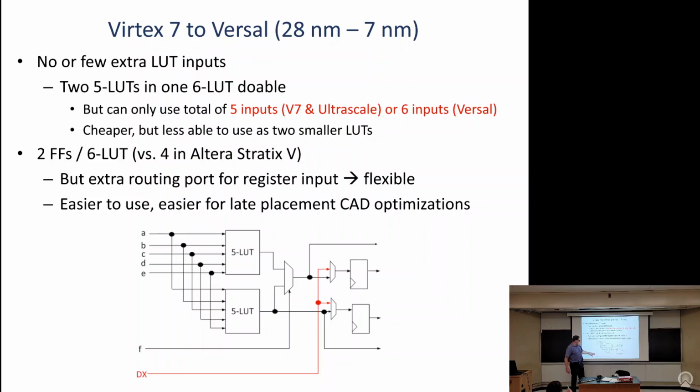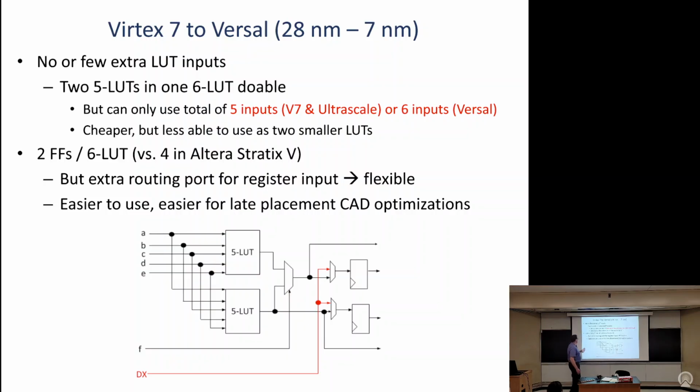And if you use it in 2 5-LUT modes, you have to ground the 6th input. And now basically one output comes out on the 6-LUT output and one comes out on the 5-LUT output. So no extra inputs at all, just one extra output, but you've got to have 5 shared inputs to use 2 5-LUTs. Or you could do a 3-LUT and a 2-LUT, et cetera.